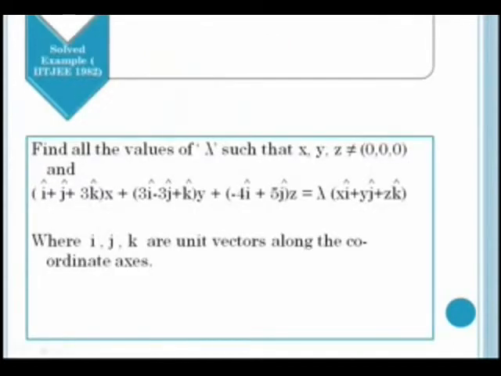Let's try to see one more example. This appeared in IIT JEE 1982, and it says: find all the values of lambda such that x, y, z are not equal to 0, 0, 0, and such that (i cap plus j cap plus 3 times k cap) times x plus (3 i cap minus 3 j cap plus k cap) times y plus (minus 4 times i cap plus 5 j cap) times z equal to lambda times (x i cap plus y j cap plus z k cap), where i, j, k are unit vectors along the coordinate axes.